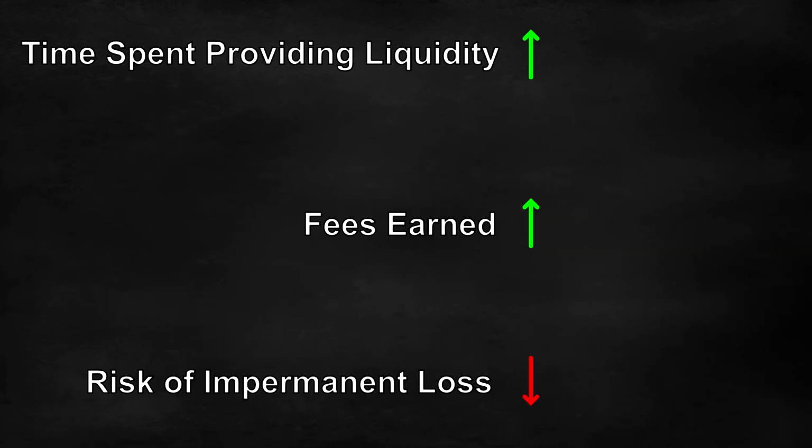Typically, the longer you are providing liquidity, the higher fees you receive and the less chance to enter into impermanent loss. Liquidity provision is a passive income vehicle that becomes worthwhile typically only on a long-term basis.